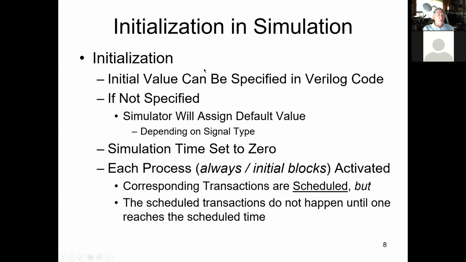All right. Because in simulation we always have to specify all the initial values, we use initial blocks in the simulators in the test bench code. Now, it turns out when you're programming an FPGA, you can also use initial blocks in your actual modules.